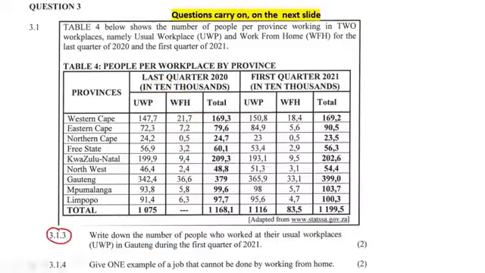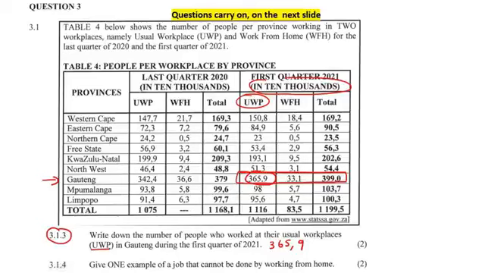This question says, write down the number of people who worked at their usual workplace, okay, so UWP, in Gauteng in 2021. So it's Gauteng in 2021, so that means it's only this area over here. And they said UWP, so we go to UWP, which is there. So that'll be 365.9, but remember that that is in 10,000s.